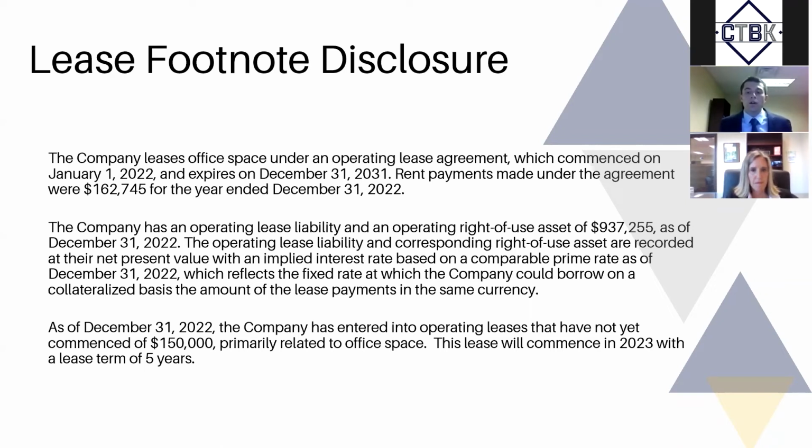Also disclosed are the amounts recognized within the financial statements, such as the ending balance of the right of use asset and lease liability, and the discount rate used. Last, disclosed are the terms of the agreements entered into by the company at the balance sheet date, but for which the agreement has not yet commenced.